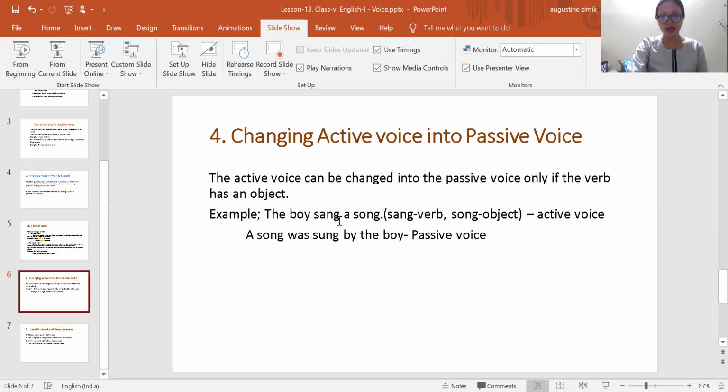The boy sang a song. This is an example of an active voice. This sentence has a what? Verb as well as an object. Okay, so this active voice we are going to change into passive voice. How? By writing like this: a song was sung by the boy.